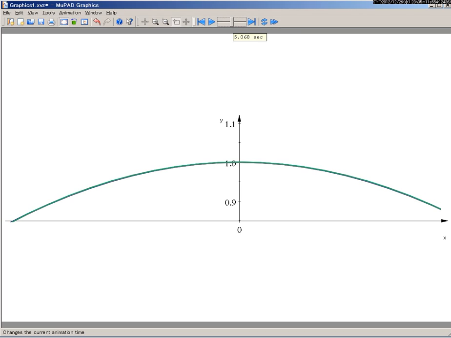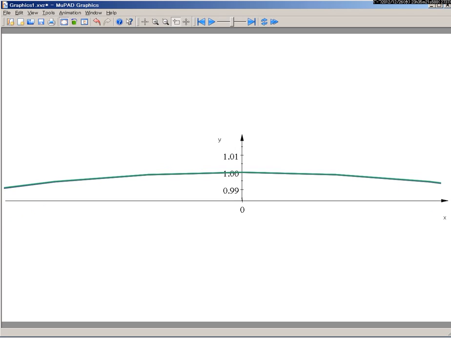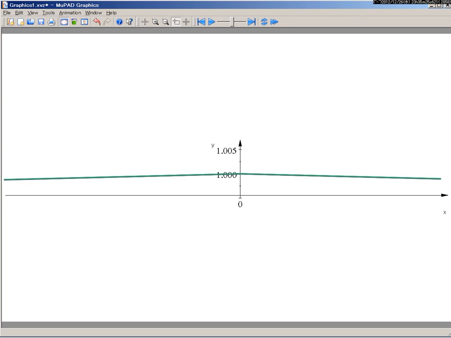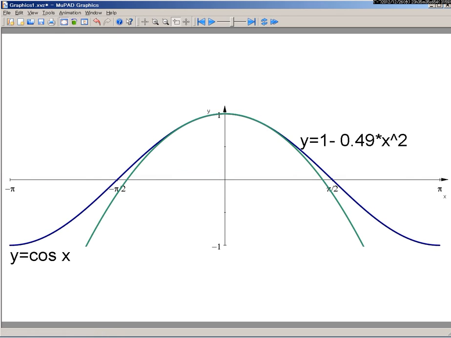Okay. Now they look very, very similar. So again, we are going to zoom in. They look identical, and we are going to check the number a: 0.49.